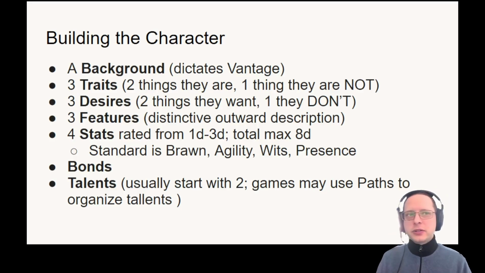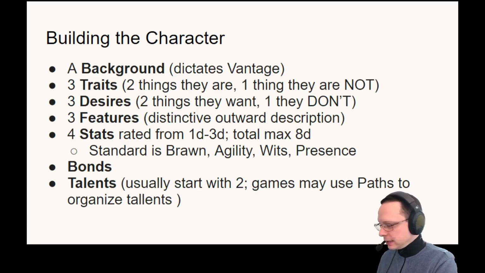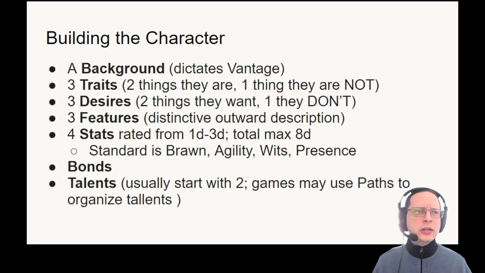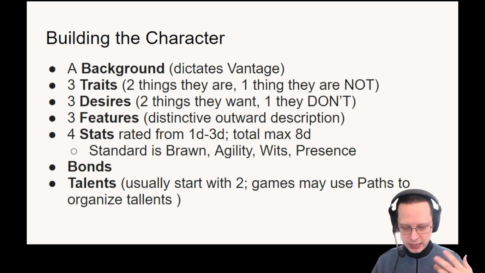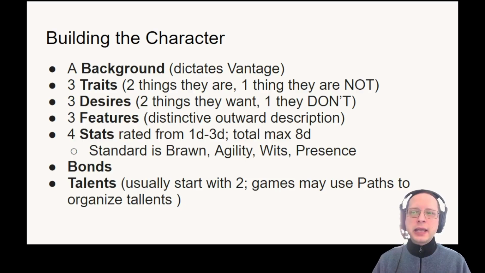Finally, characters will also typically have talents. Each character will typically start the game with 2, with the possibility of buying more with XP and so on. Games might want to use paths in order to organize the talents and make it easier to pick, since oftentimes you'll have a big long list.